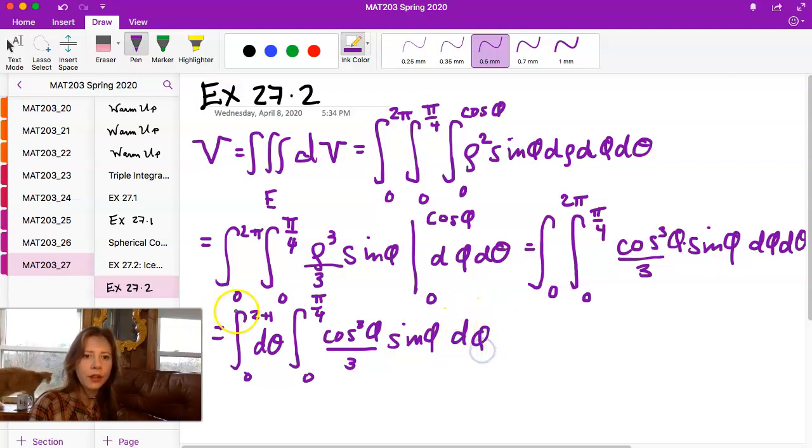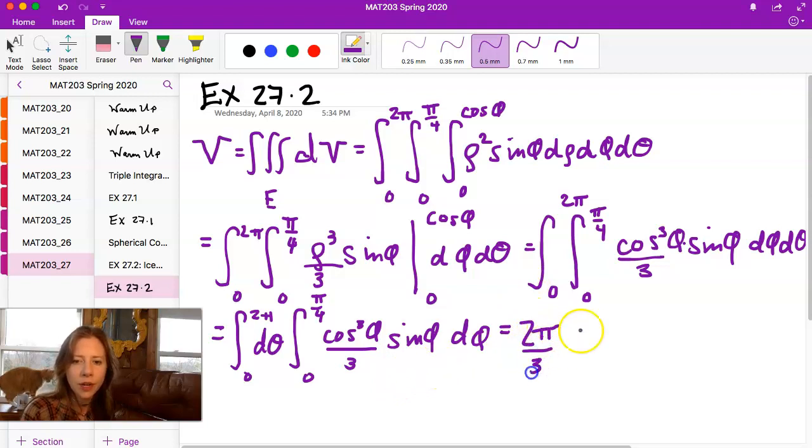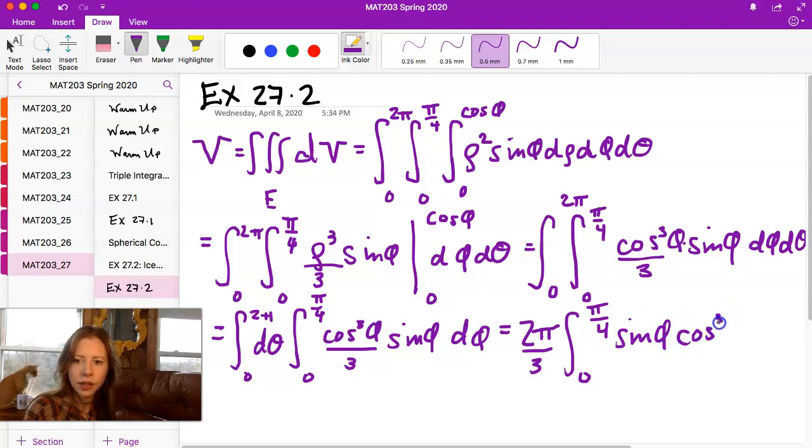So just integrating d theta gives you theta. Going from 0 to 2 pi just gives you 2 pi. And then we could also pull out that 1/3. We end up with 2 pi over 3 times the integral from 0 to pi over 4 of sine phi cosine cubed phi d phi.